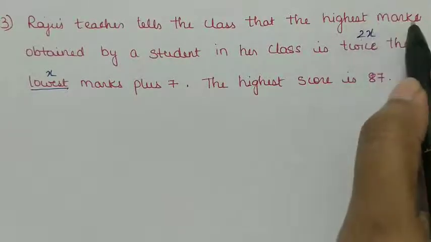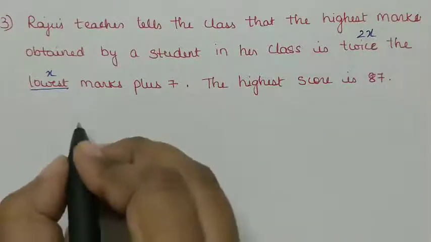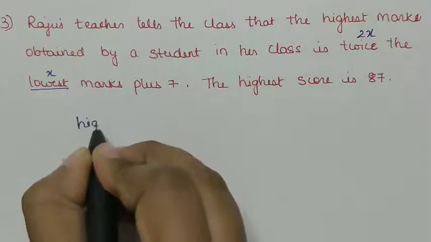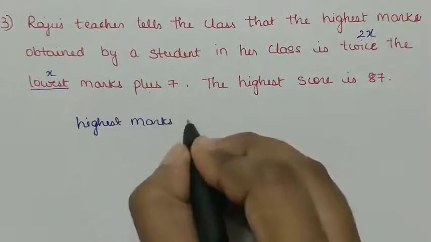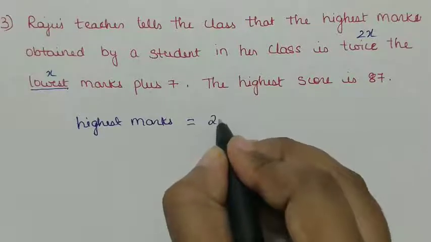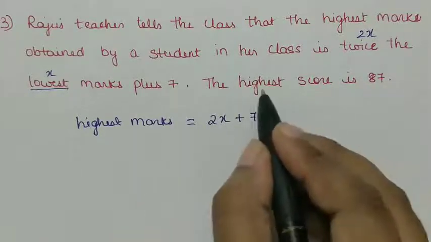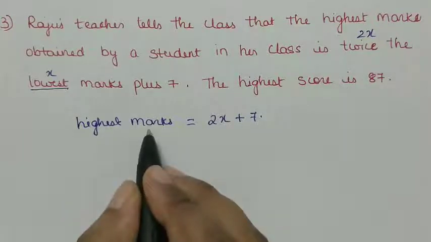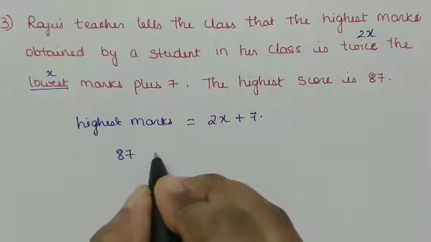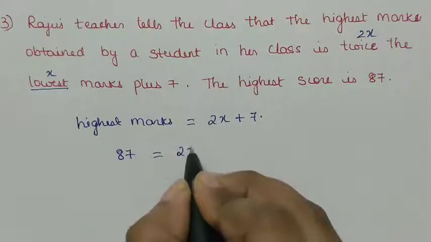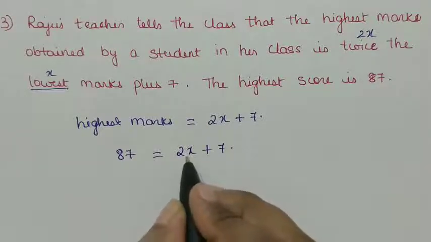The highest marks is 2x plus 7, which is equal to twice the lowest marks plus 7. But as given in the problem, highest marks is equal to 87. 87 is equal to 2x plus 7. We need to find the value of x.